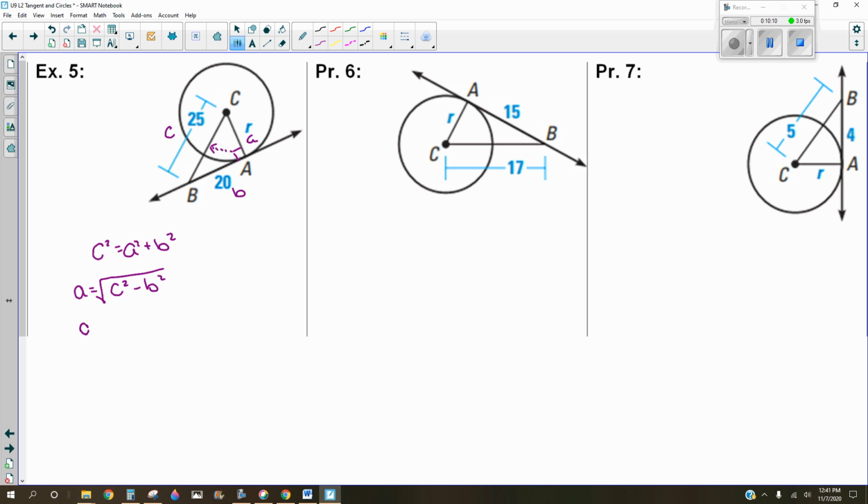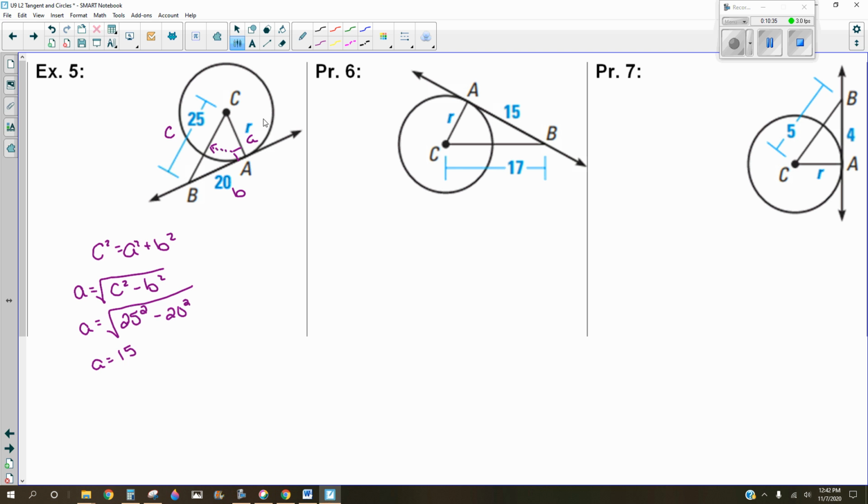So to figure out our missing radius, our missing A side, our C is 25, our B is 20. So I square them and put them under a square root. And so my missing A is 15.